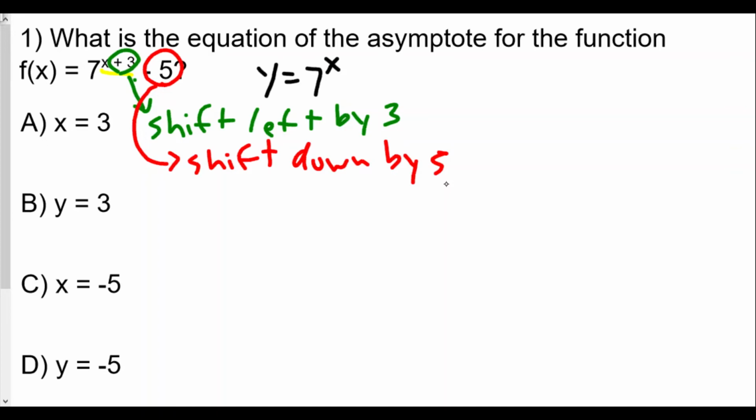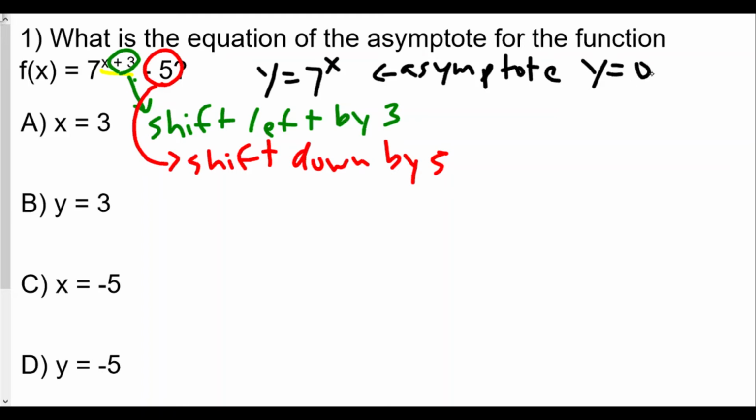Now, the question is about the asymptote. The asymptote is this line that is kind of like a borderline that the graph's not going to cross. And so this line will always shift with the graph as well, vertically in this case. The asymptote for y equals 7 to the x, this asymptote, it's a funny word for some people, is y equals 0, or in this case, the x-axis.